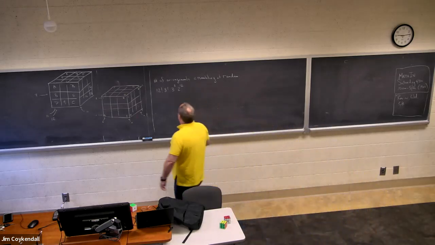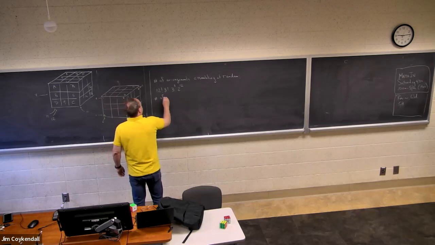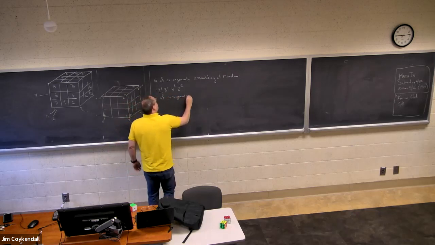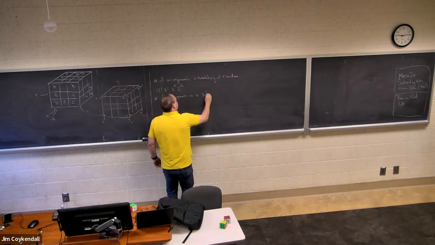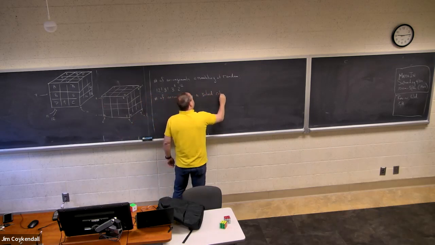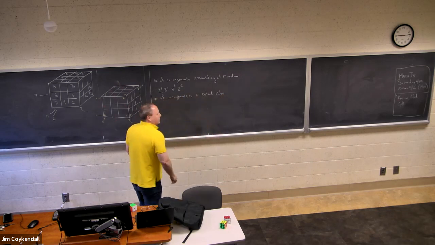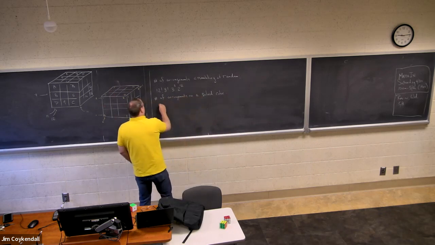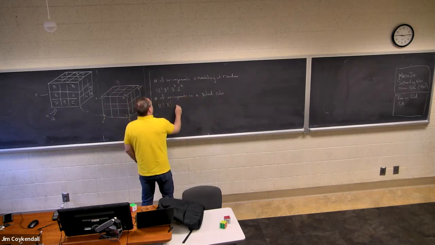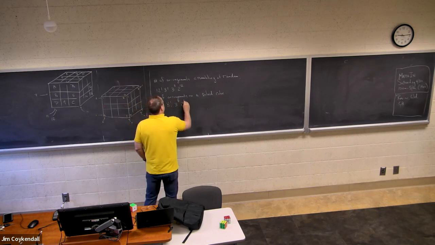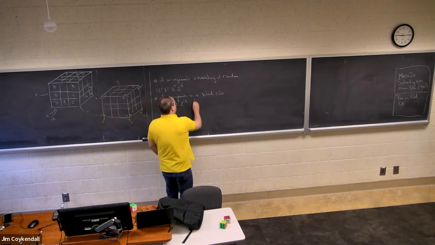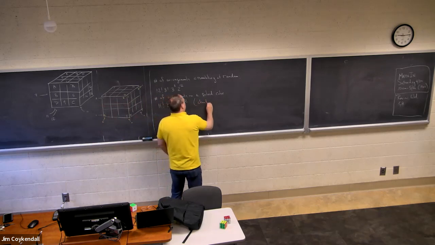Number of arrangements on a solved cube: about 112.